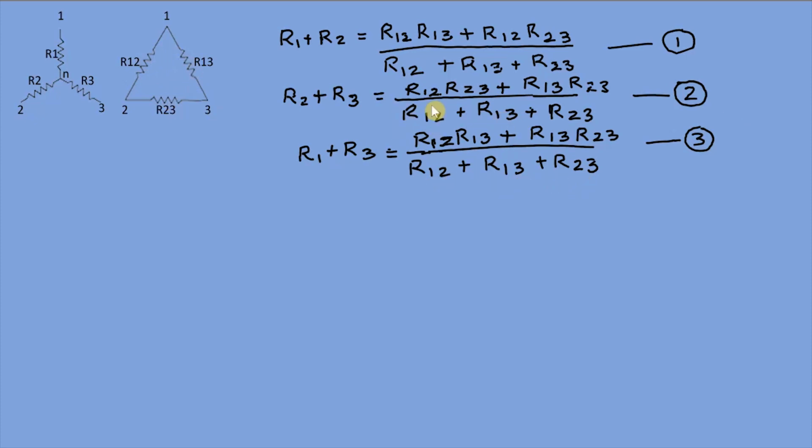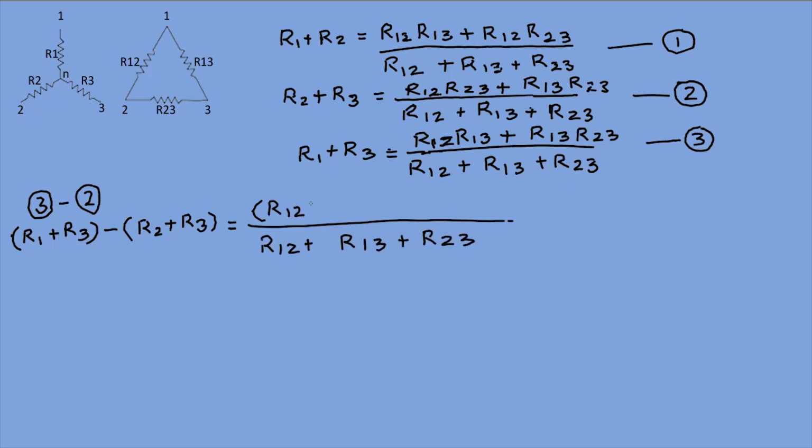Now subtract equation number 2 from equation number 3. Equation 3 minus equation 2 comes as R1 plus R3 minus (R2 plus R3), which gives on the right hand side, the denominator is common. So the LCM comes as R12 plus R13 plus R23, and here (R12 R13 plus R13 R23) minus (R12 R23 plus R13 R23).